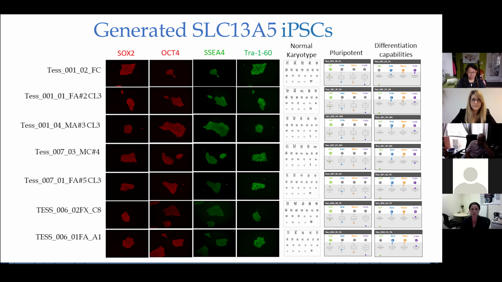Here we have the 2 transcription factors that maintain pluripotency and 2 proteins that are expressed only in the stem cells. We karyotype those iPSCs to be sure that those cells maintain normal chromosomes during reprogramming. And we also perform a comprehensive characterization by qRT-PCR to prove that those cells are pluripotent and they can differentiate into the 3 germ layers, which means they can potentially differentiate into any cell type.